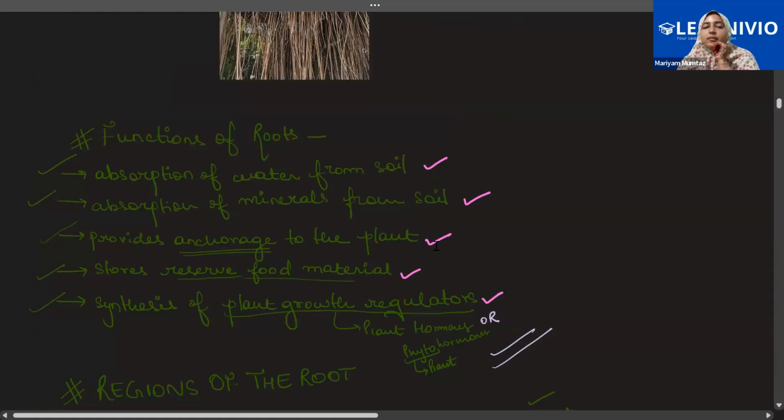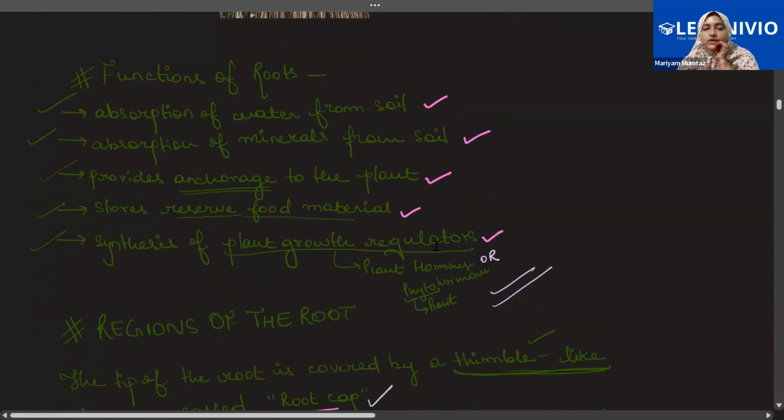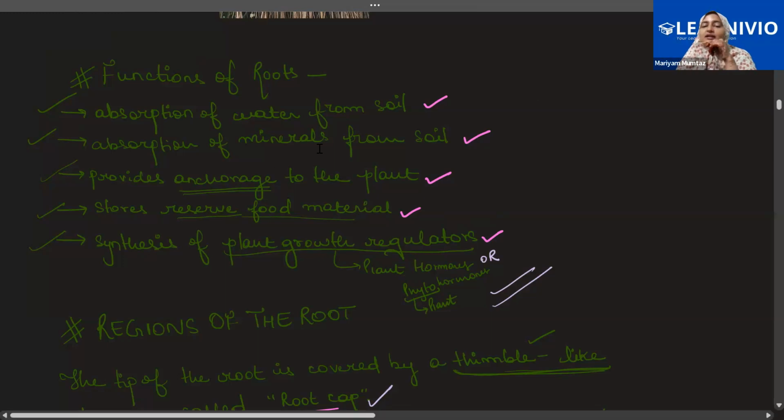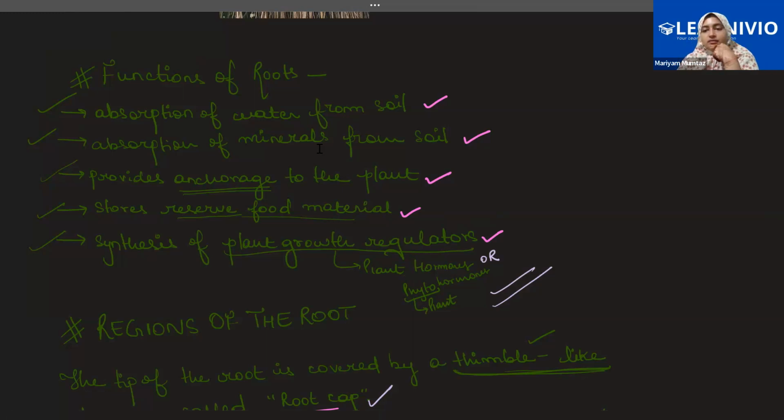Now, talking about the functions of the roots. The most important function is absorption. Absorption of water, absorption of minerals. Apart from that, we know that the roots bind to the soil, so it helps in providing anchorage to the plant, so that the plants have a firm ground.